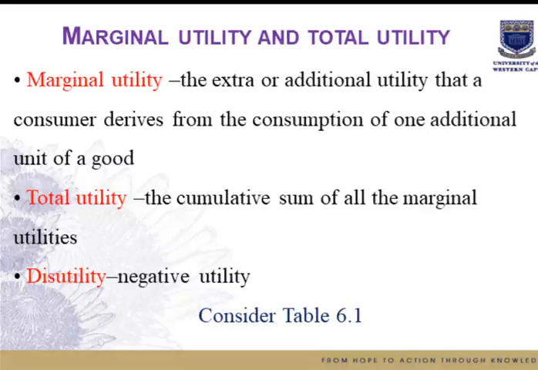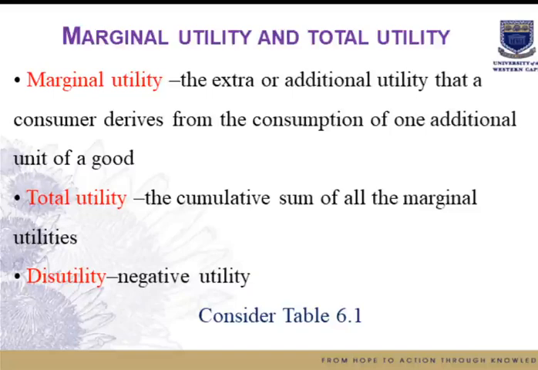The extra or additional utility Tabo received from the consumption of an additional unit of an apple is called marginal utility. If we cumulatively sum all the marginal utilities received by a consumer, we obtain total utility.